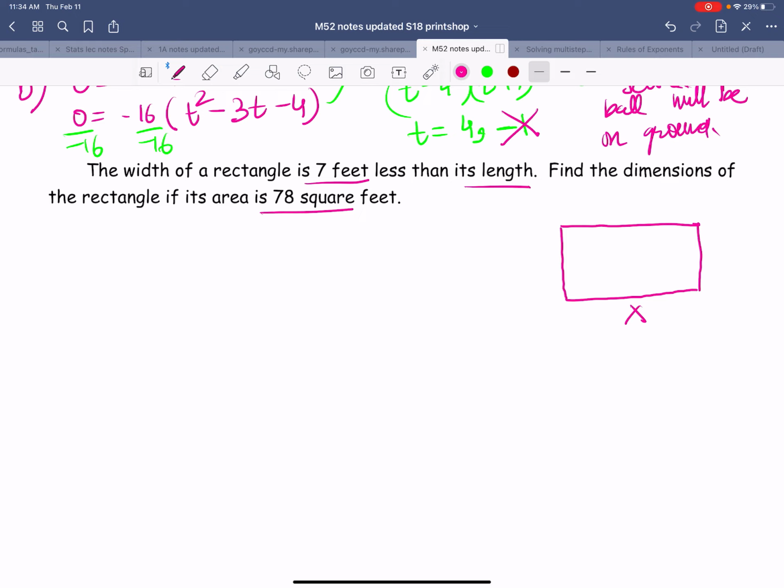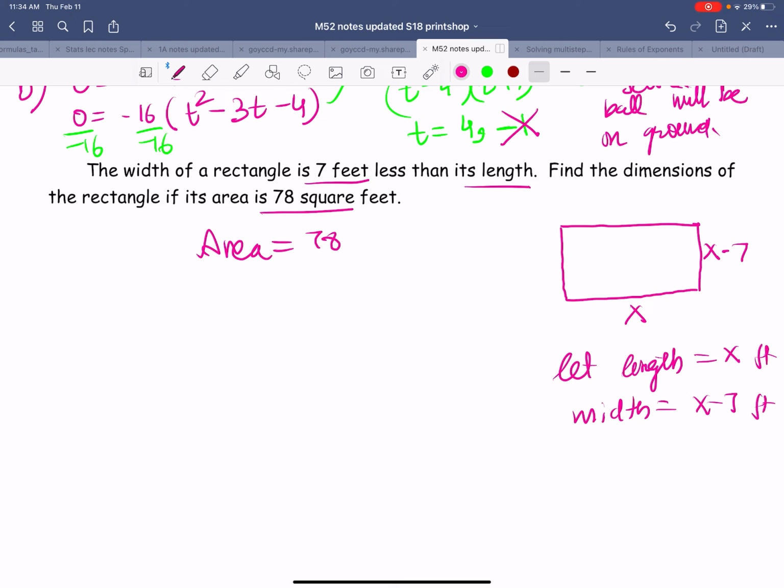So if I say the length is x, the width would be x minus 7. And I'm being told that the area is 78. So let the length be x, width will be x minus 7, and they both will be feet, and we can take care of the units at the end.